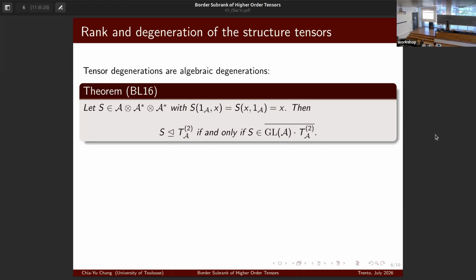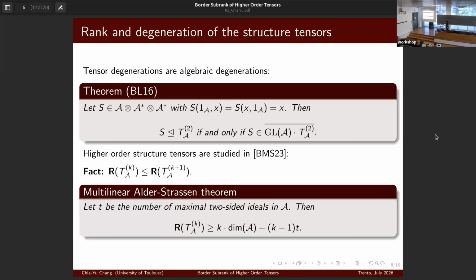Okay, this is for the order 3 case, and there are higher order structure tensors that were studied in 2023 by Bläser, Mayer, and Schinch. There's a fact in their paper that the rank of the k-th structure tensor is less than or equal to the rank of the (k plus 1)-th structure tensor. They also proved a multilinear order Strassen theorem.